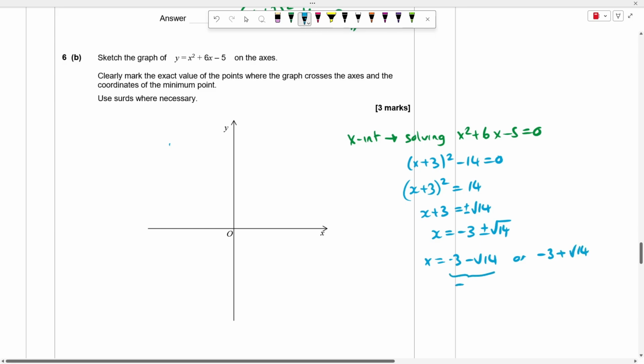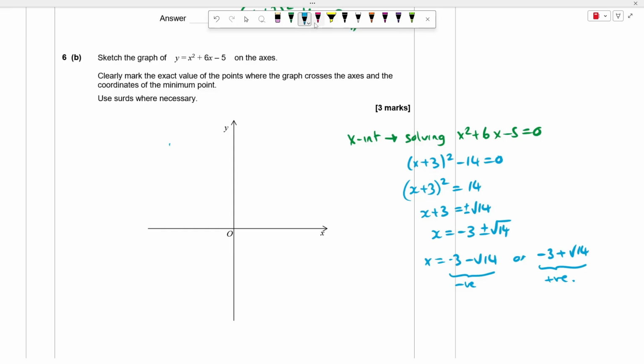Now this is going to give me a negative answer, this is going to give me a positive answer. The reason why I know that negative 3 plus root 14 is going to be positive is because root 14 has got to be bigger than 3, because 3 squared is 9 and the square root of 9 is 3. So root 14 must be a number that's bigger than 3, so therefore we'll end up with a positive answer.